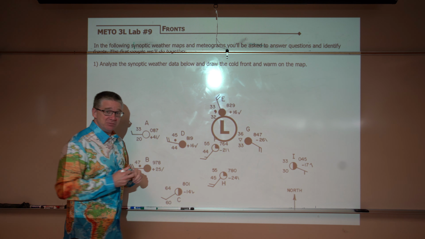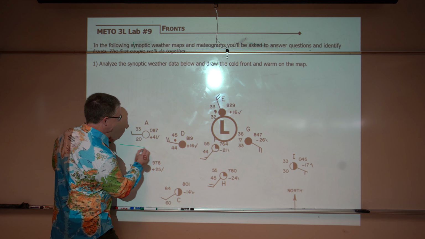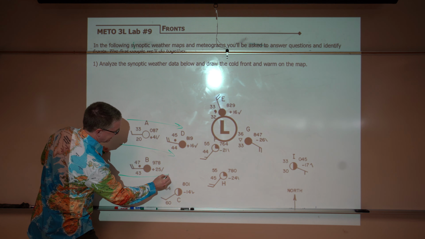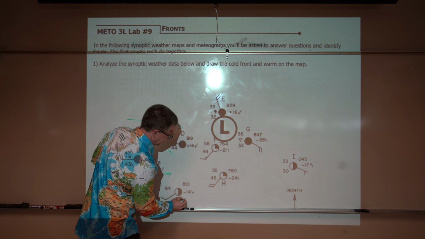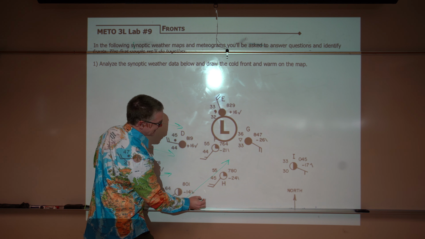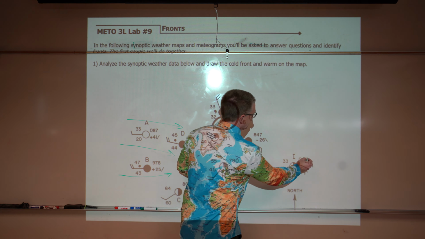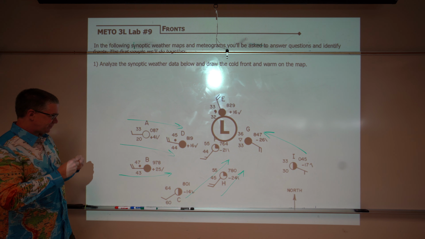So again, if my green marker was my pencil, I would just put some light little arrows like that. I've got some winds like that here maybe. And it looks like I have some winds like that there. Okay, good place to start.